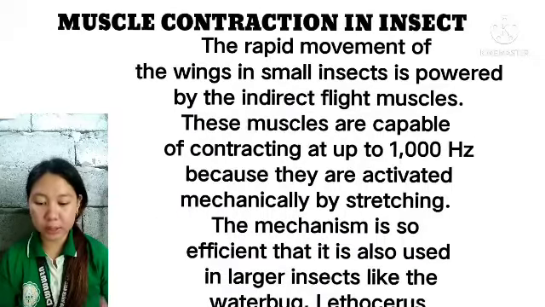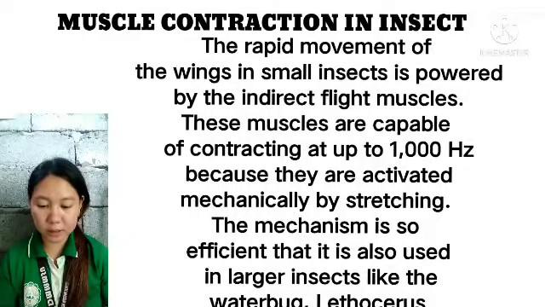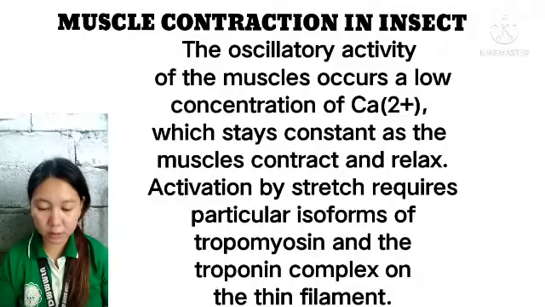Muscle contraction in insects. The rapid movement of the wings in small insects is powered by the indirect muscles. These muscles are capable of contracting at up to 1000 Hz because they are activated mechanically by stretching. The mechanism is so efficient that it is also used in larger insects like the water bug Lethocerus. The oscillatory activity of the muscles occurs at a low concentration of Ca, which stays constant as the muscles contract and relax.